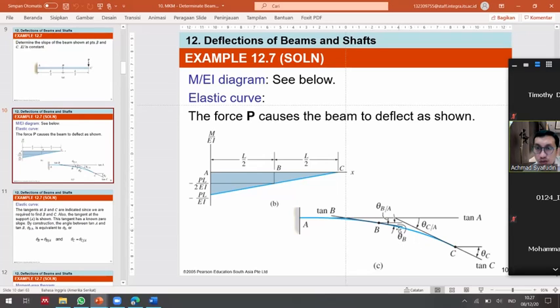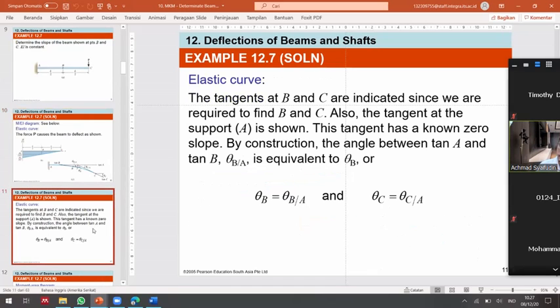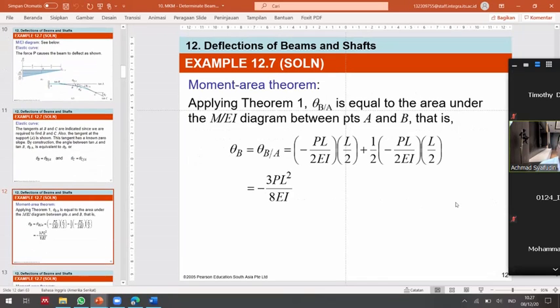Actually, both of them are similar. The angle at point B equals point B from point A, the result is similar. Then we can calculate the slope at point B, B per A.